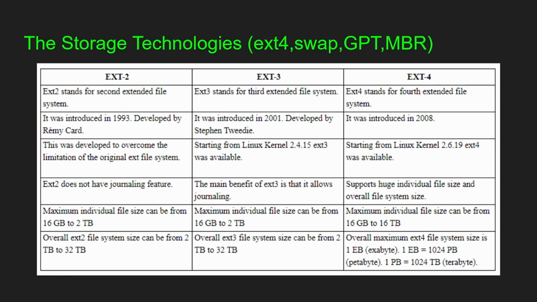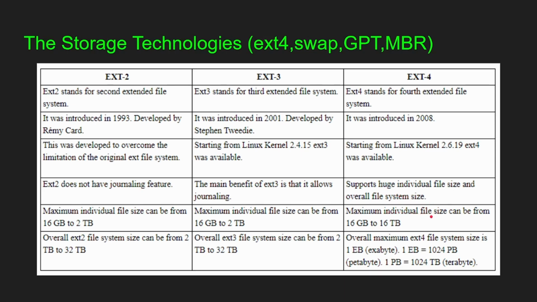showing us ext4, an older version of extended storage, first introduced in 2008. It started from Linux kernel version 2.6.19, and it supports large individual file sizes and overall file system sizes.